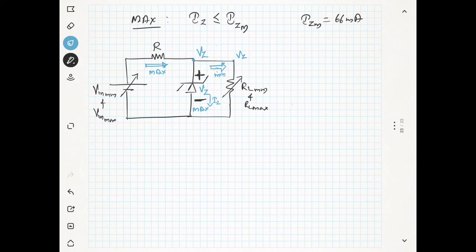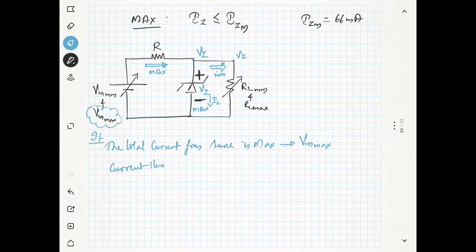So the total current from the source is maximum. When will this happen? The current coming from the source will be maximum when the input is maximum, so that means Vin maximum. Vz is constant, and the current through the load is minimum.